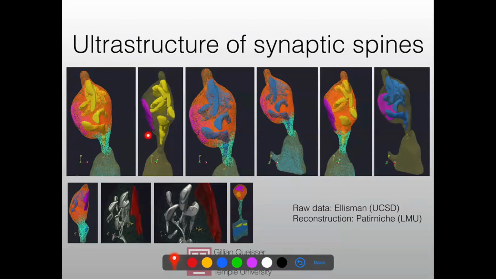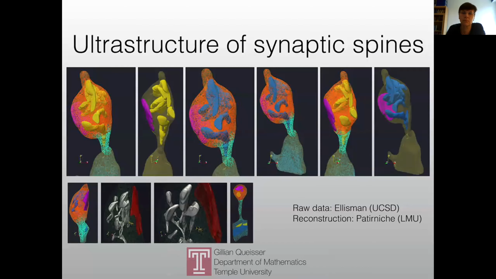As we see here, the postsynaptic densities are at different regions. All of this architecture is involved in communicating calcium signals from the spine head to the dendrite and then on towards the nucleus. So we'd like to know how these complex and varying cellular structures influence the calcium dynamics towards the nucleus.